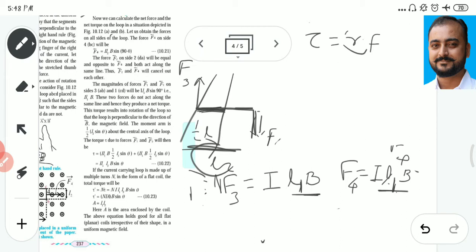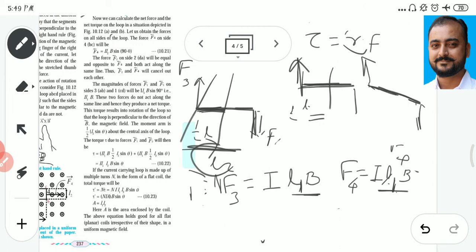So for considering that, suppose this distance is exactly perpendicular, then we just take half of the length L2. Okay, but if suppose this distance is not exactly perpendicular, it is somewhat like this. Then here you have to consider the perpendicular distance, means you have to draw the perpendicular from this one.